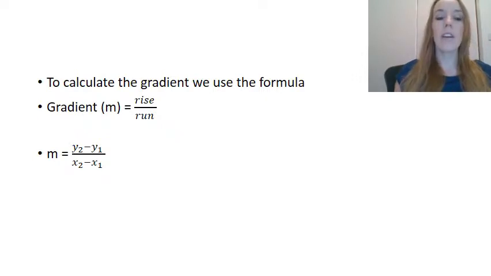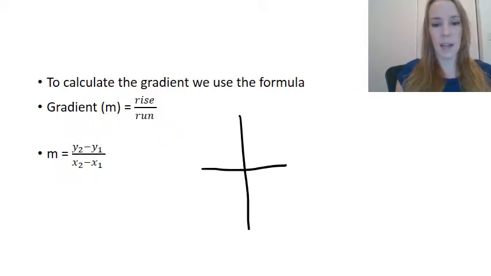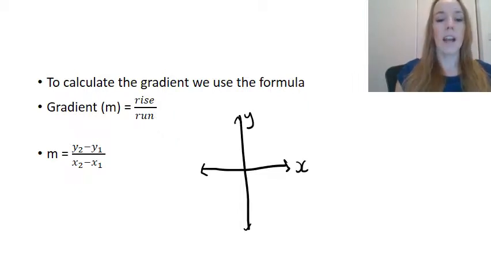So to calculate the gradient, as I said, we use the formula gradient, which is represented by lowercase m, equals rise over run. So to calculate the rise, we do y2 take y1 divided by x2 take x1. So if you were to have a Cartesian plane just like this, you've got your x-axis here and your y-axis here, and you might have a line that's going through your Cartesian plane.